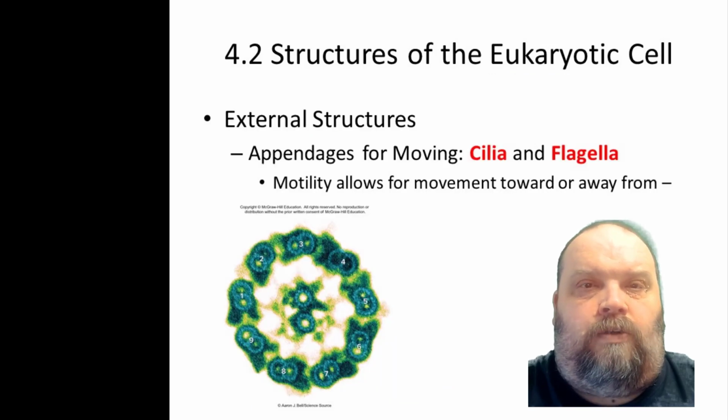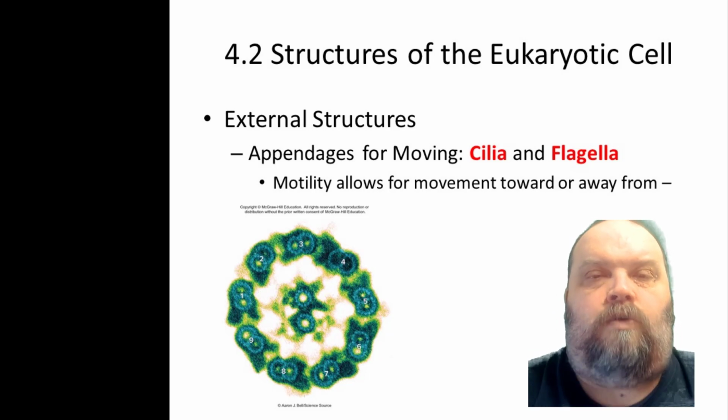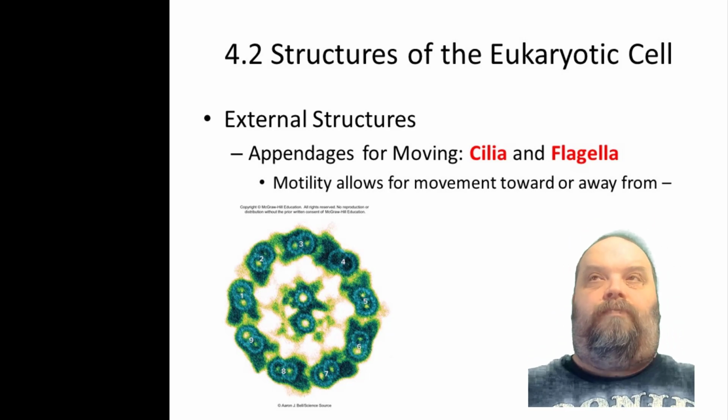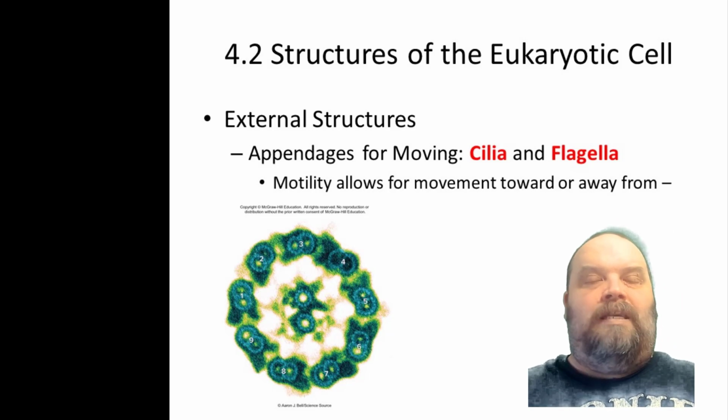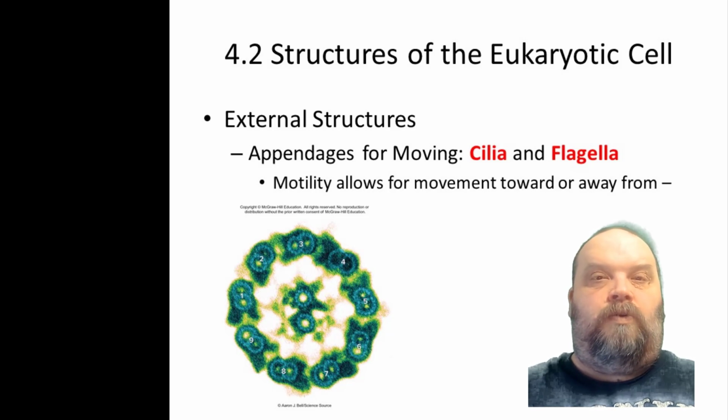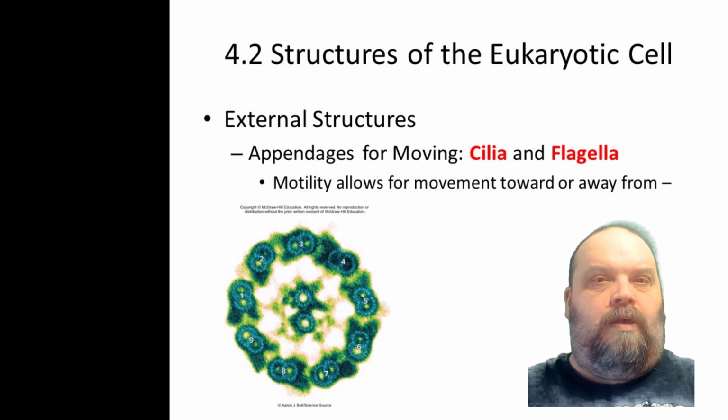When you look at the external structures on eukaryotic cells, one of the things that we notice are appendages that are used for locomotion. Two types of appendages can be used for locomotion here, cilia and flagella. Now keep in mind, the flagella here that we're talking about are not like the ones that we talked about in the last module with bacteria.